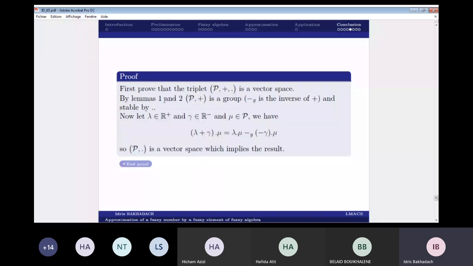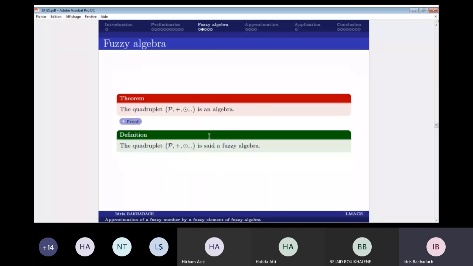And we can show easily that this quantity is true. So P with plus is a vector space, which implies our result, that the quadruple is an algebra. This algebra is named fuzzy algebra.